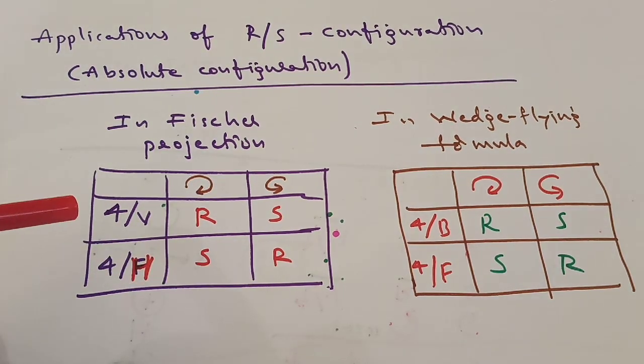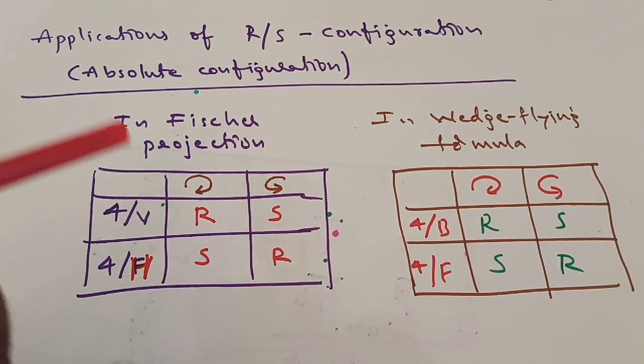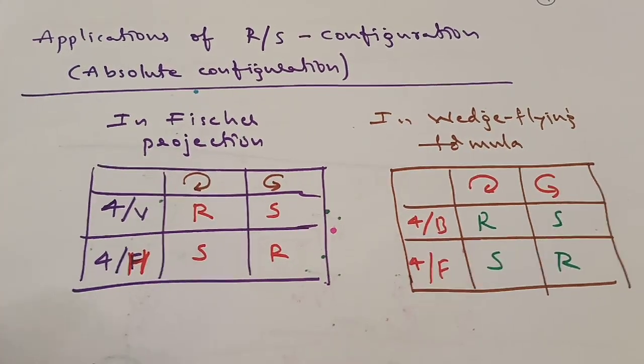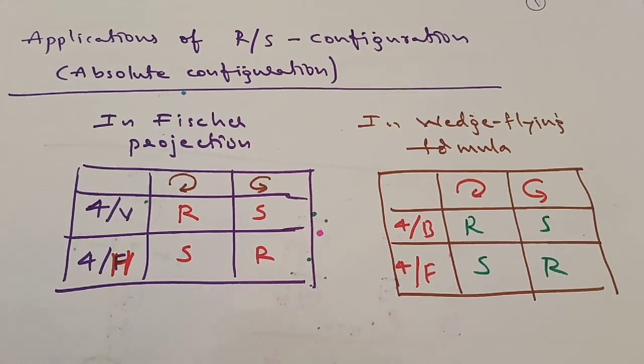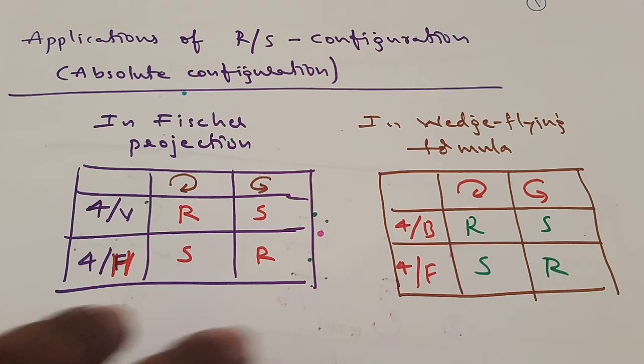A simple way to remember this technique: vertical is very good, horizontal is opposite. In the Fischer projection formula, there is no need to make any changes in the positions of the groups. Simply apply this concept and you can do it well.